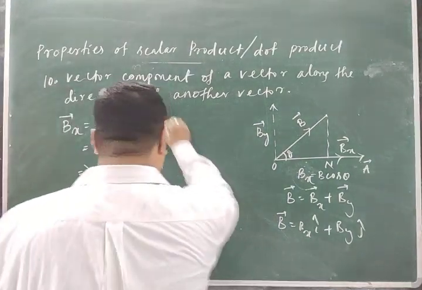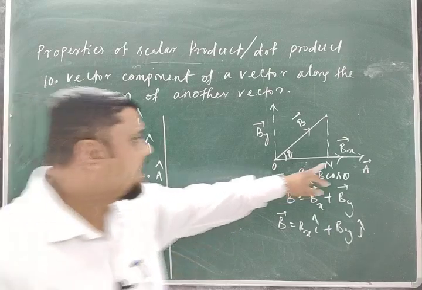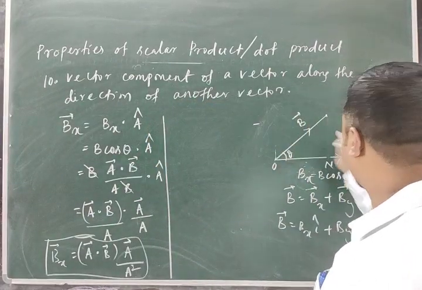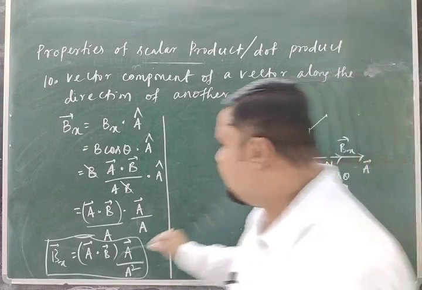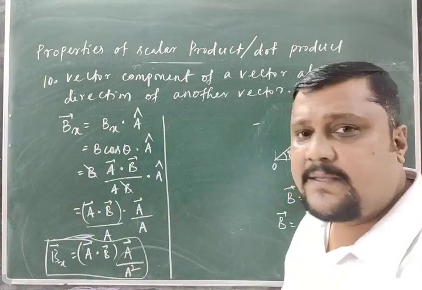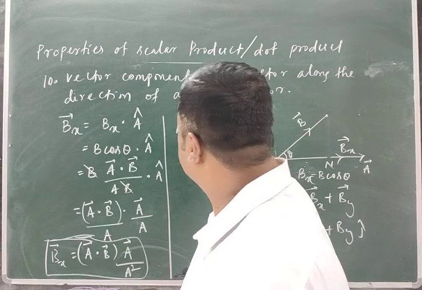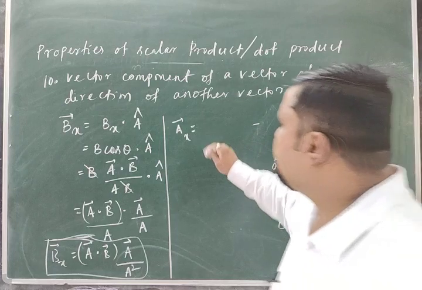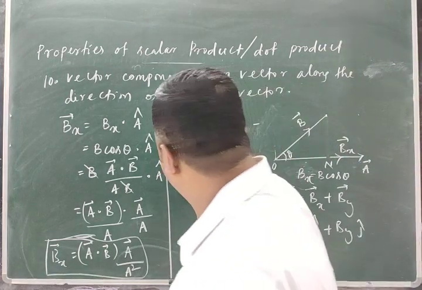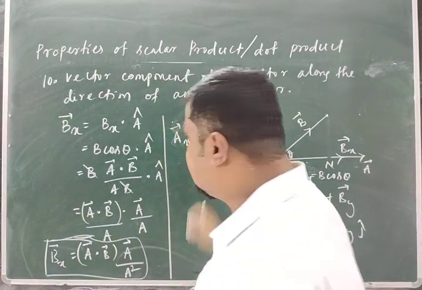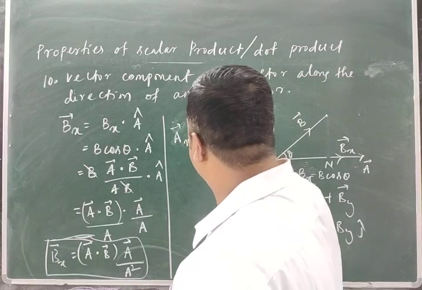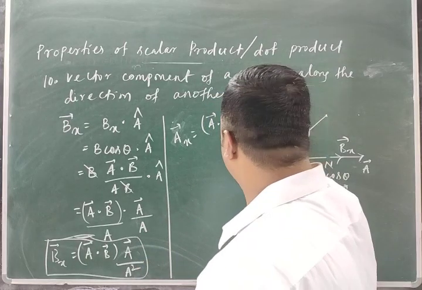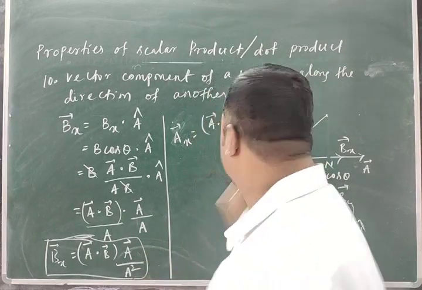Similarly, what is the vector component of A along B? Suppose Ax is the component of A along B. Let me write here Ax, the vector component of A along B. Ax is equal to A dot B, then in place of A here I will write B, divided by B square.